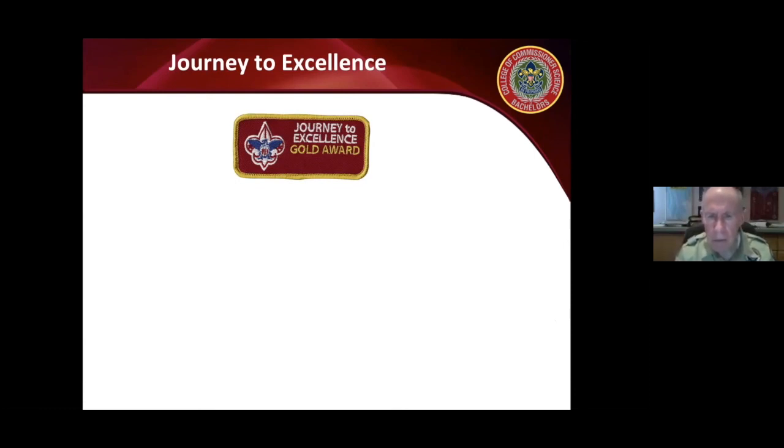The target, of course, is the highest level. And when we do that, we say to the people involved, the scouts themselves, that we are part of a first-class team. Everybody wants to be there as opposed to second class.